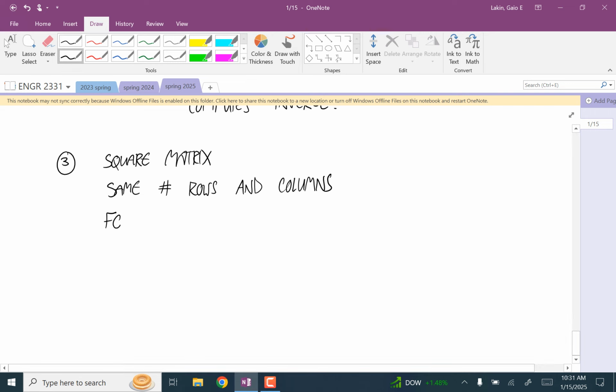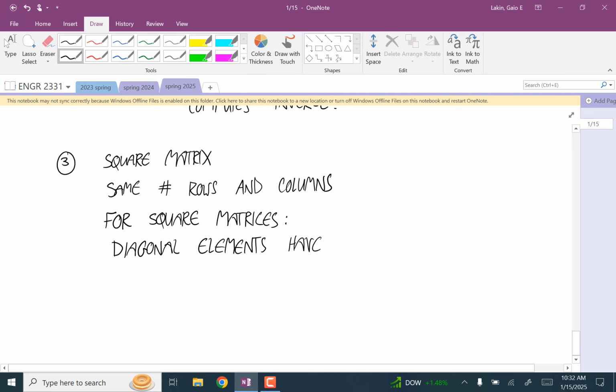For square matrices, the diagonal elements have indices where i is equal to j, and the off-diagonal elements are the ones where i is not equal to j.